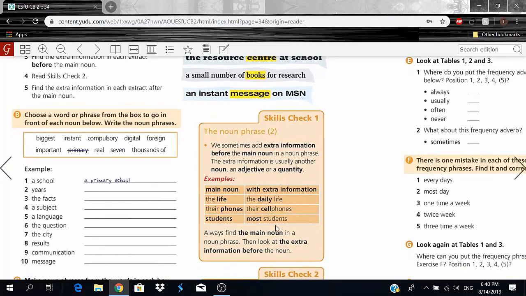Okay? And what he wants you to know is that you always try to find the main noun in a noun phrase. Then, and only then, look at the extra information before the noun. Okay, so the daily life, we have daily, their phones, their cell phones, so cell. Students, most students, and obviously most.